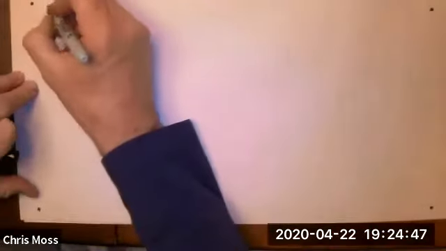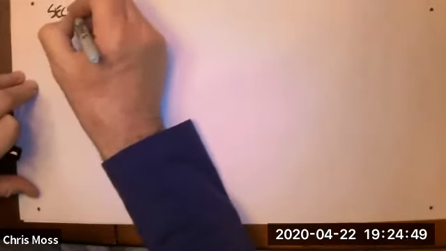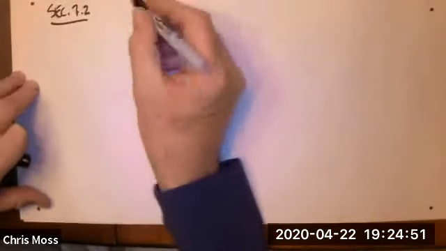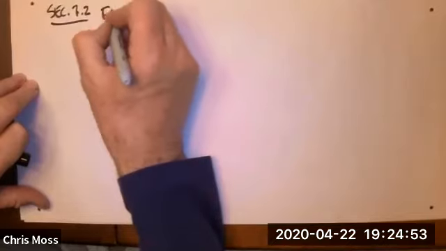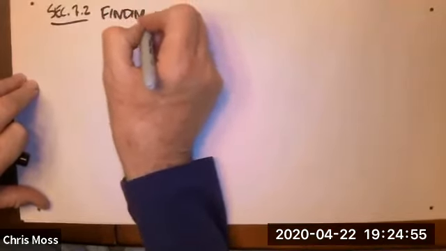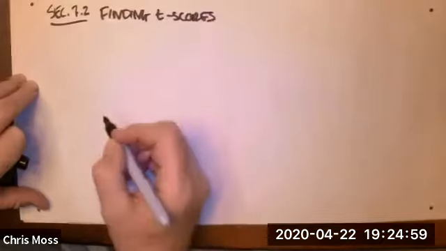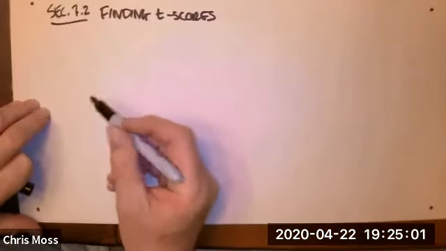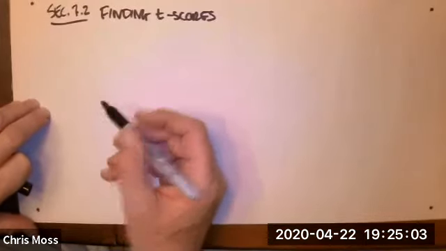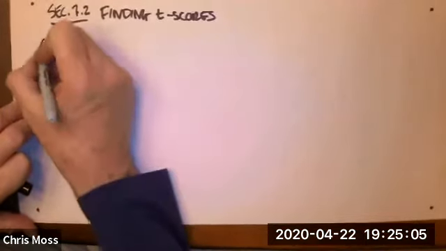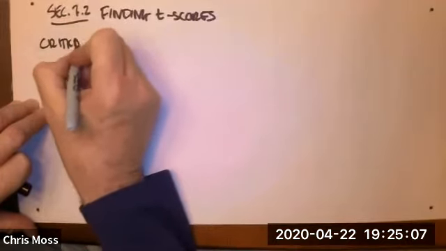All right, so section 7.2, finding t-scores, very much like z-scores, but with a t. We've talked a little bit about t-scores already. So, critical values, I will remind people.